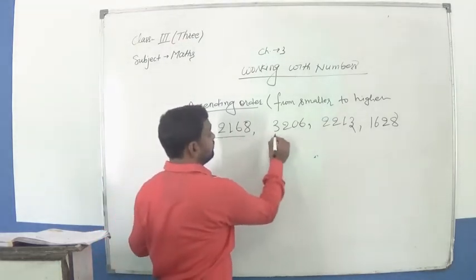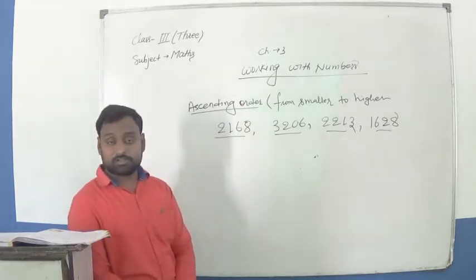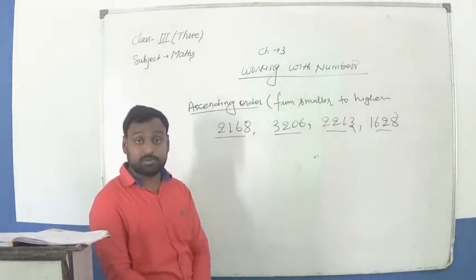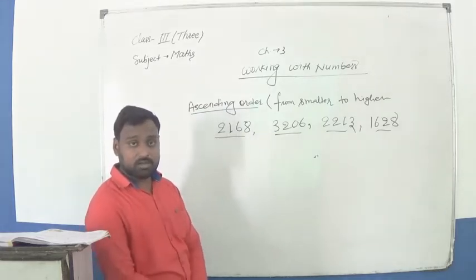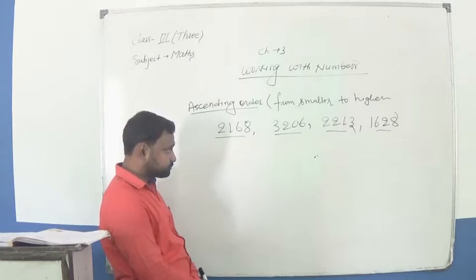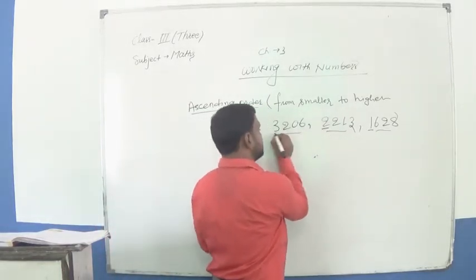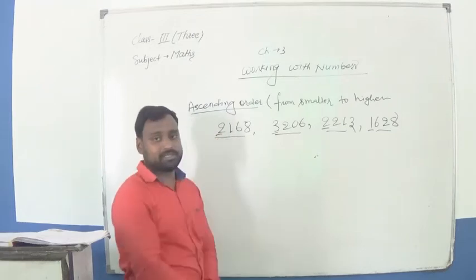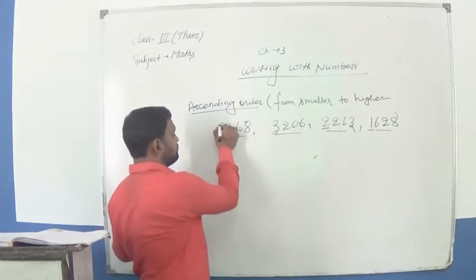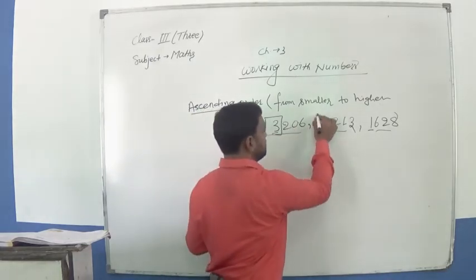Here all four numbers have the same number of digits, that's why it is very difficult to determine which is greater and which is smaller. So always focus on the first digit from the right side.